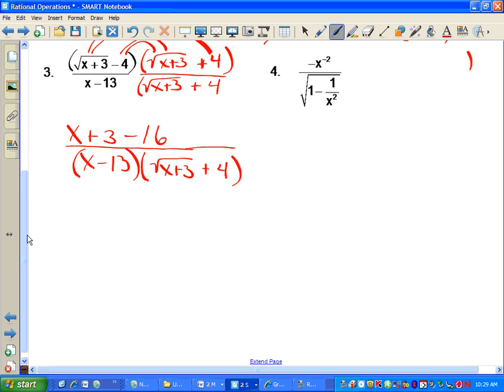Let's simplify the numerator. We're going to end up with x minus 13 over, and let's go ahead and FOIL that out and see what happens with that. We may want to leave it, but let's see. X square roots of x plus 3. The outsides would give me plus 4x.